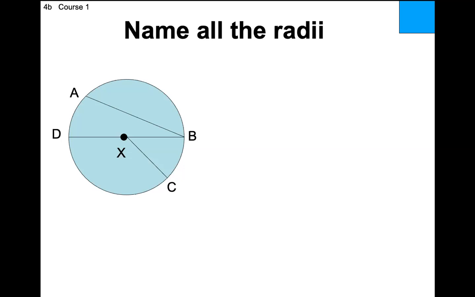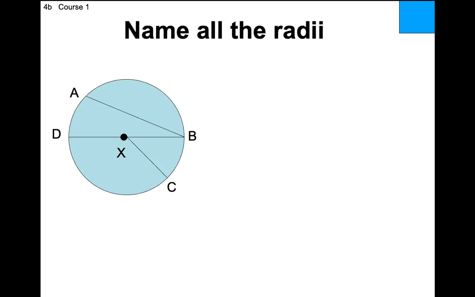Starts at the center. Where is the center? And what's the name of that? No, literally, what's the name of the center? On this circle, what's the name? You're making it way too complicated. Where's the center? What's its name? X.